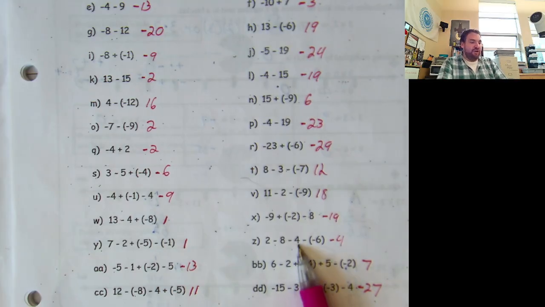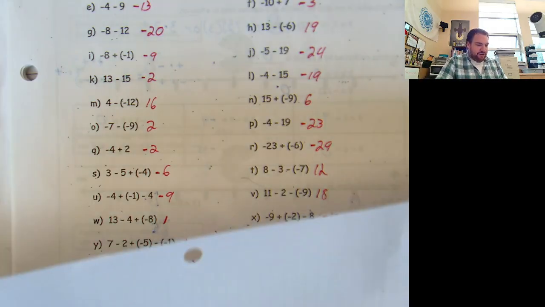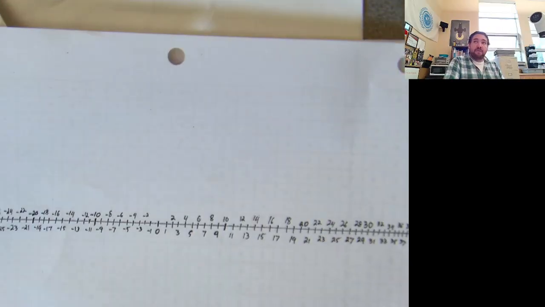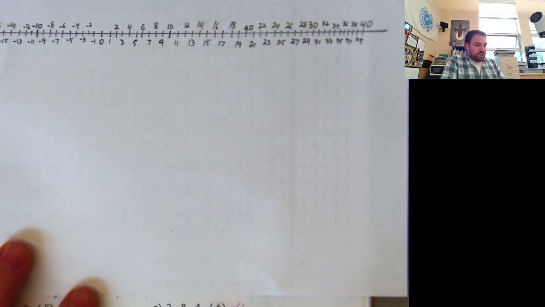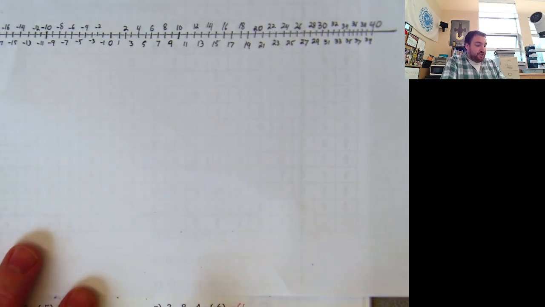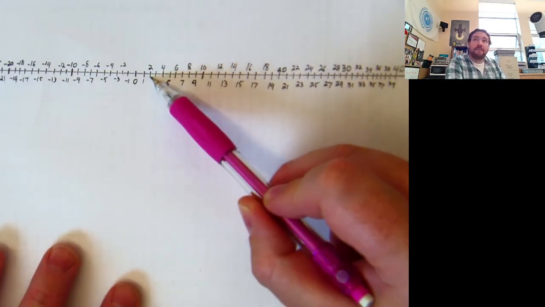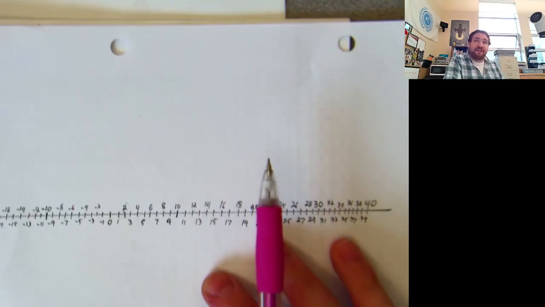Z? Sure. Let's do Z. Okay, so let's do it like this. I can't fit it on the page. Okay, so the question is 2 minus 8 minus 4 minus negative 6. So start with the first value that's listed. We're going to start up here at 2. I need to actually see the question and have it on the screen.